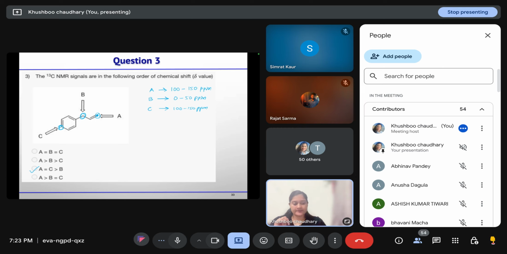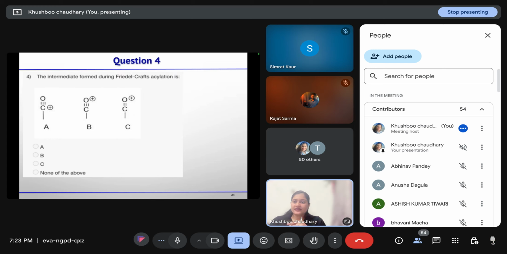Okay. Then the intermediate formed during Friedel-Crafts acylation is, you have acid chloride and you are treating it with AlCl3. So chlorine will attack on AlCl3, and you will get acylium ion and AlCl4 negative.